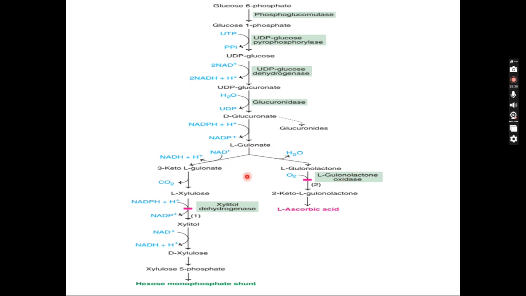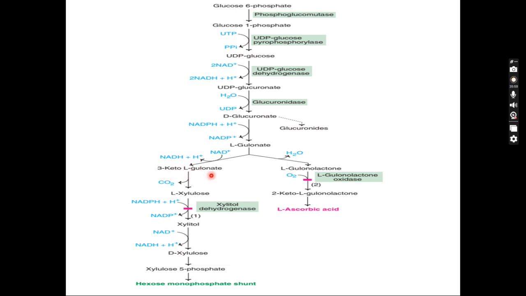This is the fate of L-gulonate. For those that don't have this enzyme, the L-gulonate comes down here, where we have the 3-keto L-gulonate, in those reactions that I was just talking about.